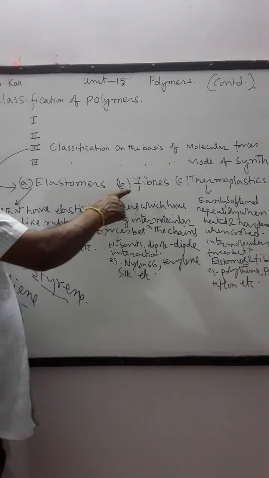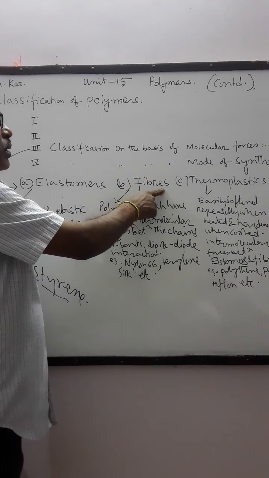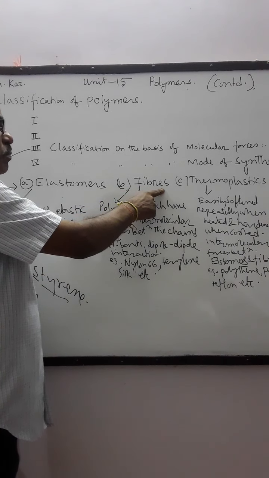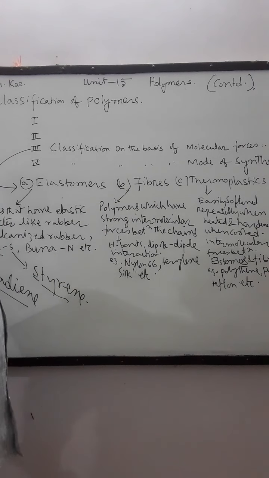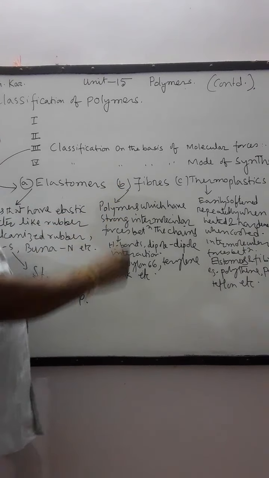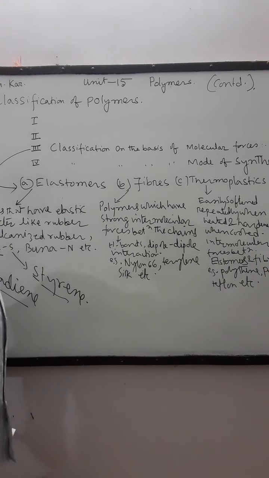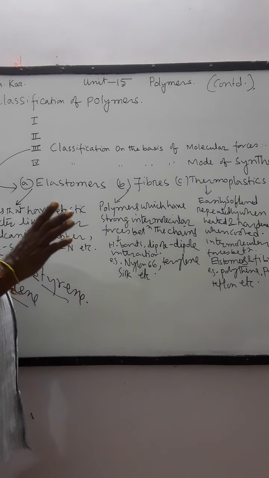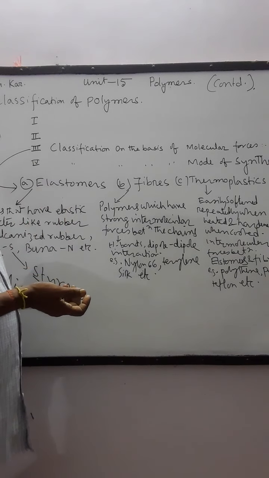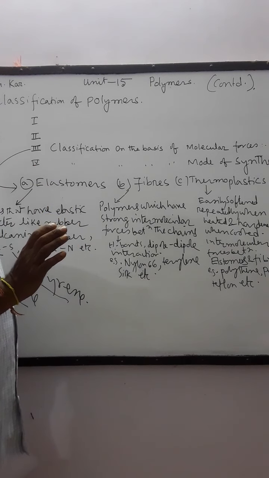Next we move to the second class of polymers based on molecular forces. The second one is called fibers. Fibers are polymers which have strong intermolecular forces between the chains. The intermolecular force may be hydrogen bonds or dipole-dipole interaction.